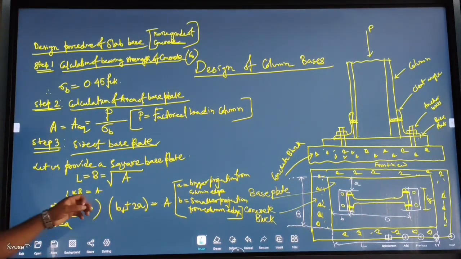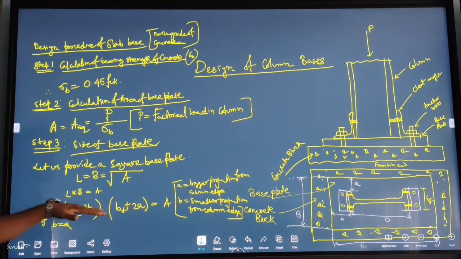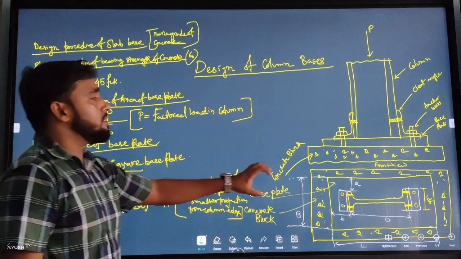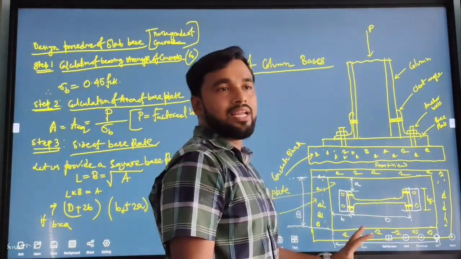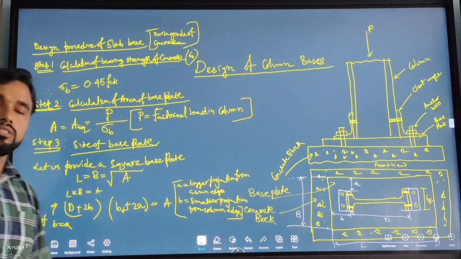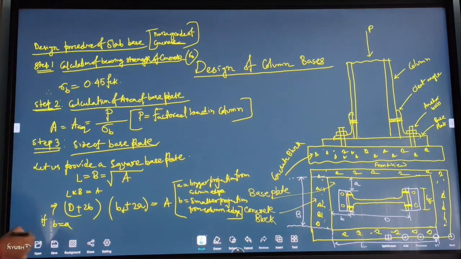Only B and A are unknown if B is equal to A. So this will be a quadratic equation of A or B, and from this equation you can calculate A and B. In this way you can calculate the size of the section as well as the larger projection and smaller projection. Okay, so up to this is clear.